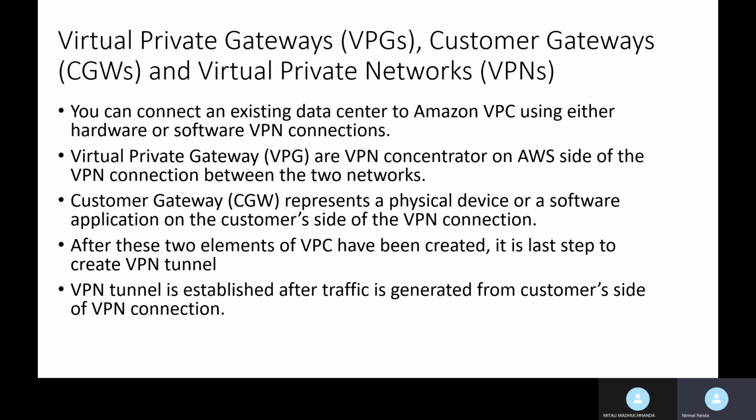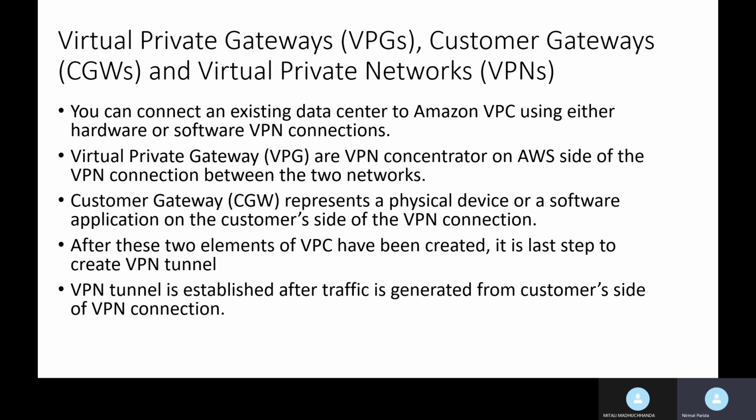From the customer side, we need to create one customer gateway that represents a physical device or a software application on the customer side of the VPN connection. After these two elements of the VPC have been created, the last step is to connect the tunnel: from the customer side, the customer gateway, and from the VPC side, the virtual private gateway.